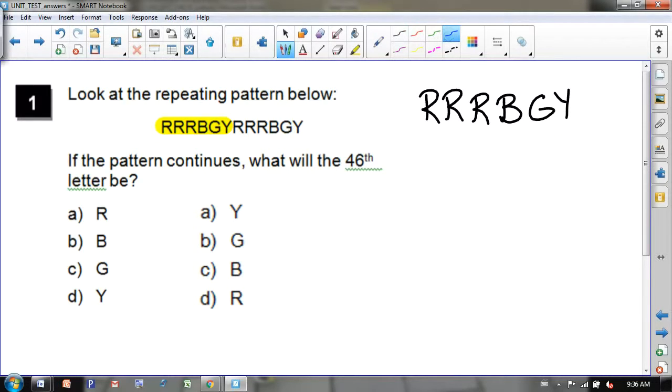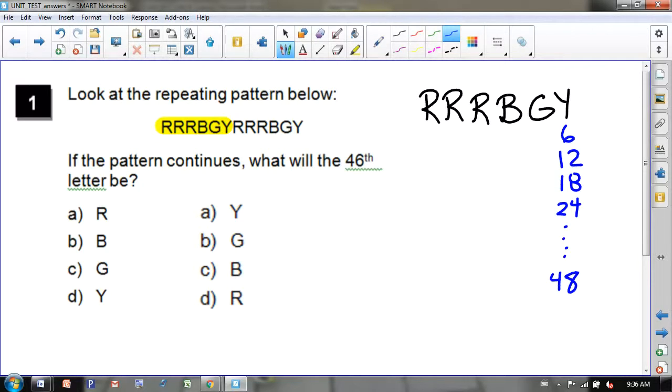The Y will be the 6th term, it will also be the 12th term, the 18th term and 24th term, and so on. These are all of the different multiples of 6. If we were to continue this on, you would eventually get up to 48 as well, which is a multiple of 6.